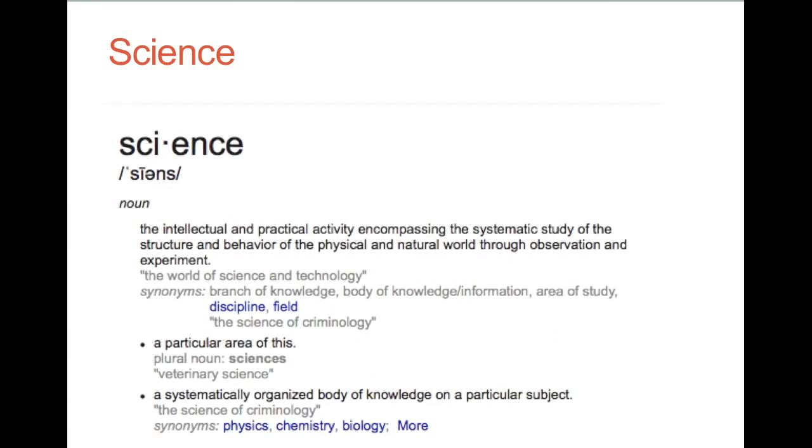Well, let's go back real quick to the definition of science. This comes from the internet, so just Google it and you'll get the same thing. Science typically helps us study the world in a systematic way by observing through our five senses, which leads me back to empiricism.